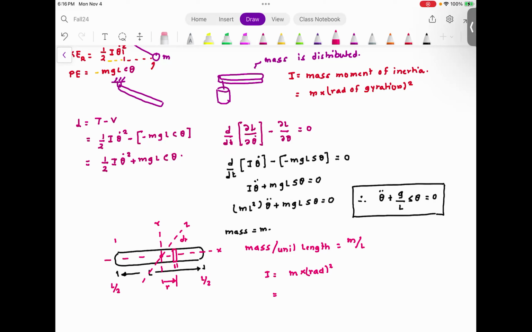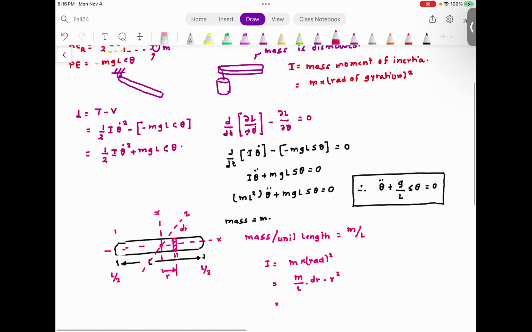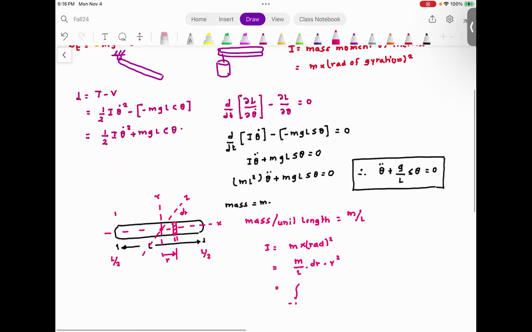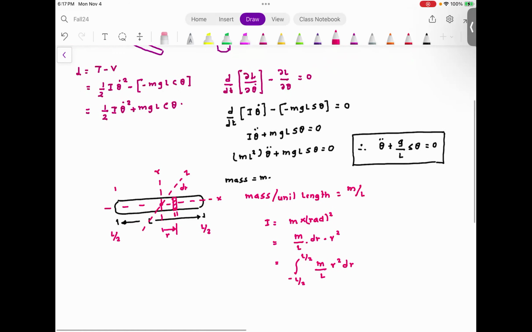The mass of this small strip is M by L multiplied by dr. The radius is r, so the radius squared is r square. I need to integrate this whole thing from minus L by 2 to plus L by 2. So I have M over L, r square dr.